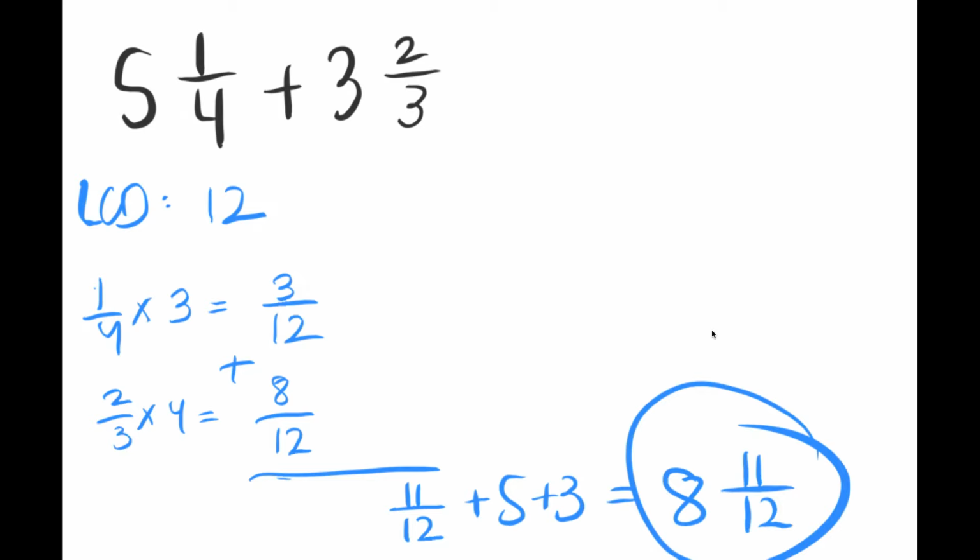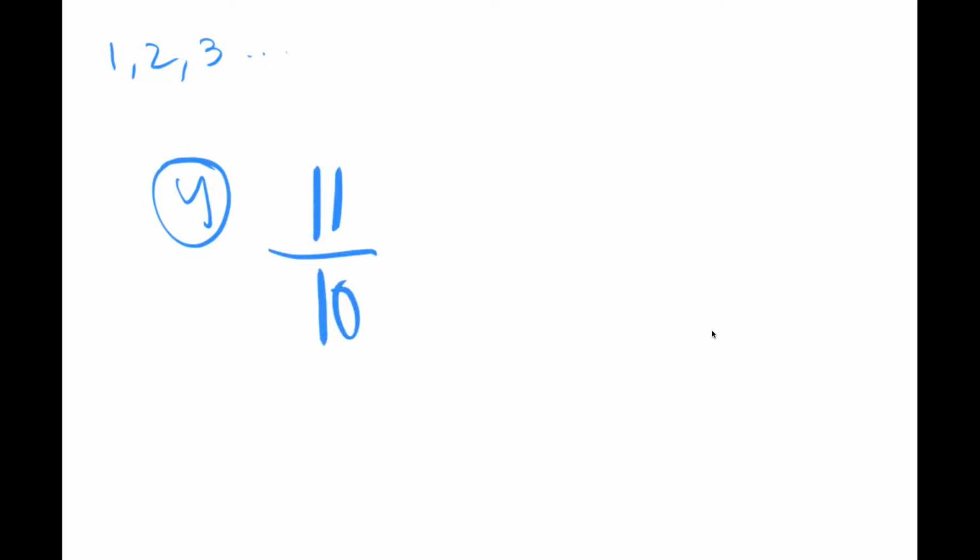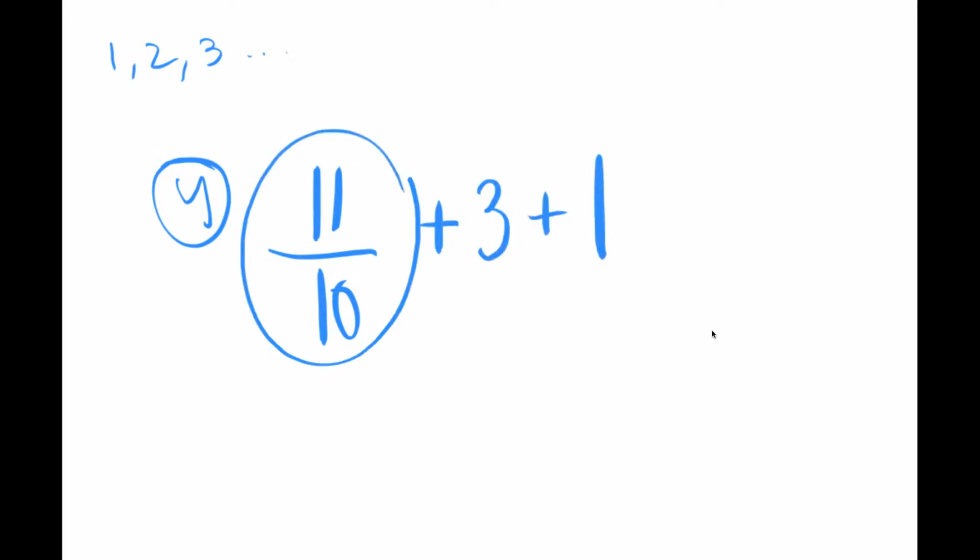I do want to go over, for example, let's say you solved your problem. You did steps 1, 2, and 3. And for your answer, you got 11/10, and you still have to add in a 3 and a 1, let's say. Let's say those were your whole numbers. Remember that when you have your fraction and your numerator is bigger than your denominator, you have to do long division because we don't want improper fractions.